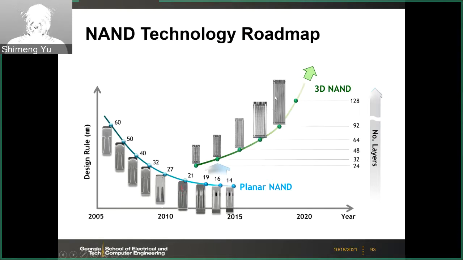The scaling of the 3D NAND flash is to increase the number of the 3D layers instead of shrinking the lateral dimension. So the goal here is to make it higher and higher. Previously, the goal was to make the lateral dimension smaller and smaller.